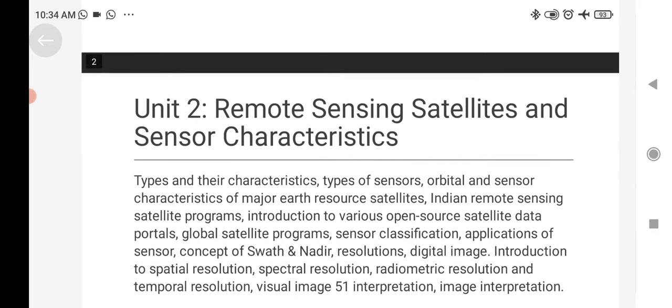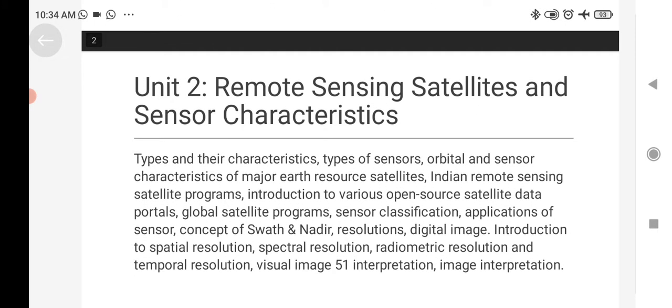The second unit is remote sensing satellites and sensor characteristics. In that: types and their characteristics, types of sensors, orbital and sensor characteristics of major earth resource satellites, Indian Remote Sensing Satellite Program, introduction to various open source satellite data portals, global satellite programs, sensor classification, application of sensors, concept of swath and nadir.